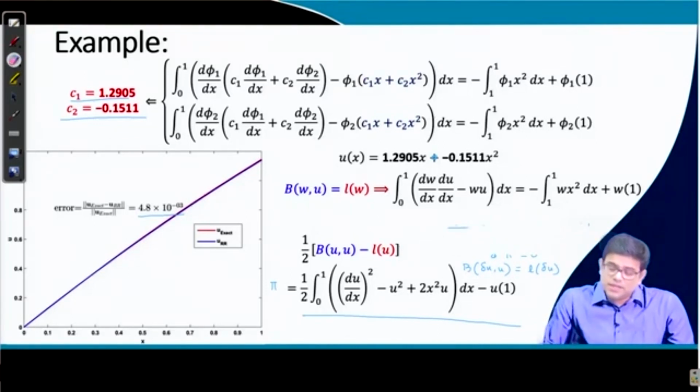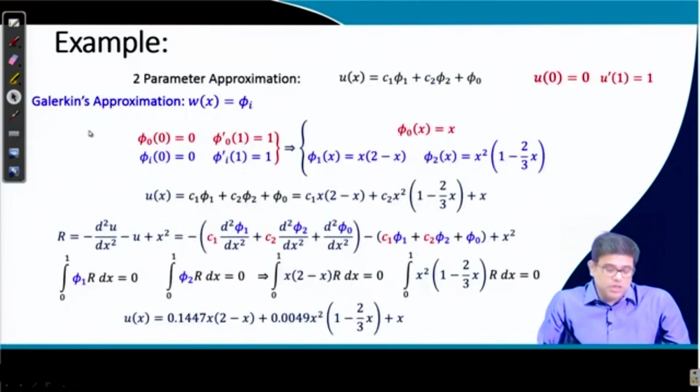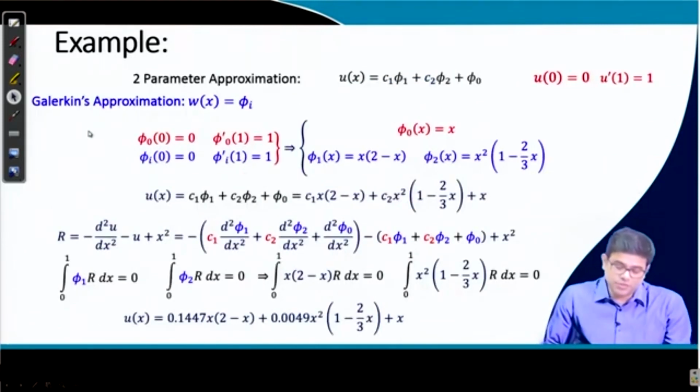Now in case of the standard Galerkin or the Petrov-Galerkin, let's see how it looks. So let us see first the Galerkin approximation.